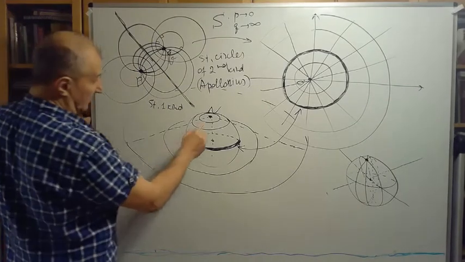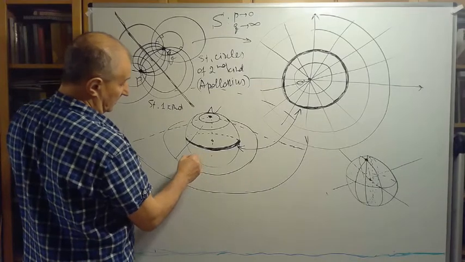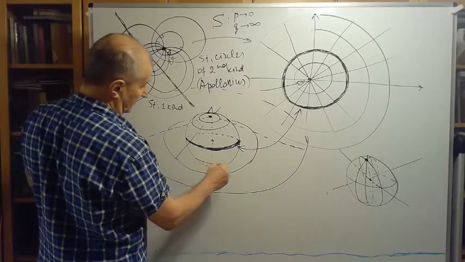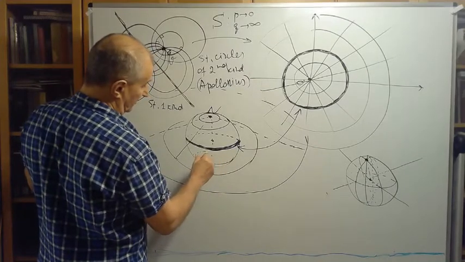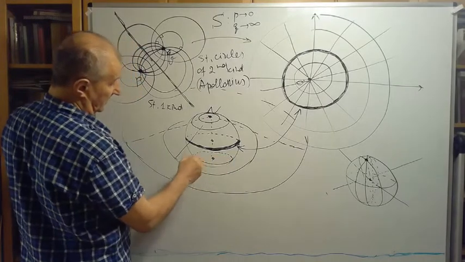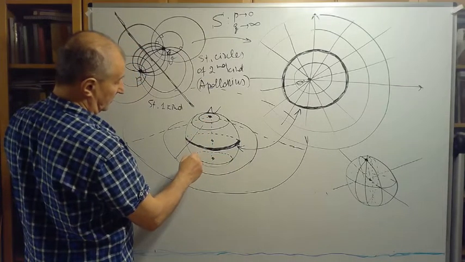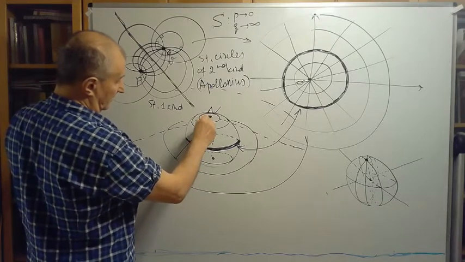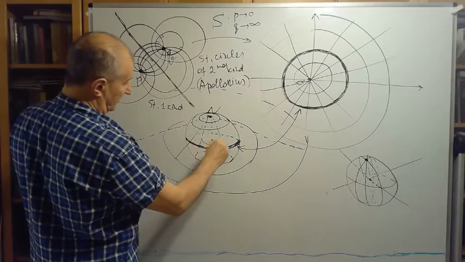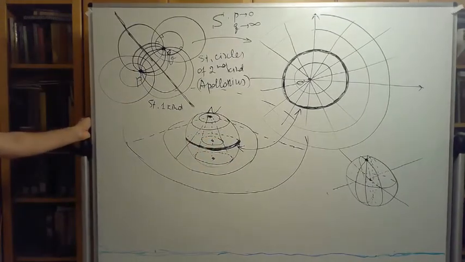And of course, when you cut the lower hemisphere by horizontal planes, you will obtain circles like this. And when you take the stereographic projections of circles like this, you will get their traces surrounding the origin.